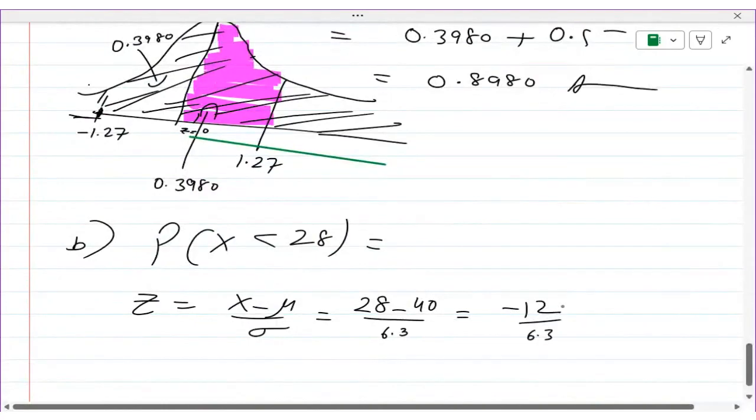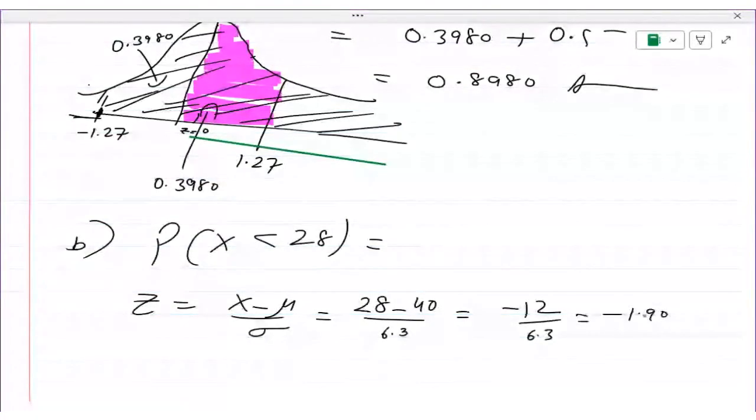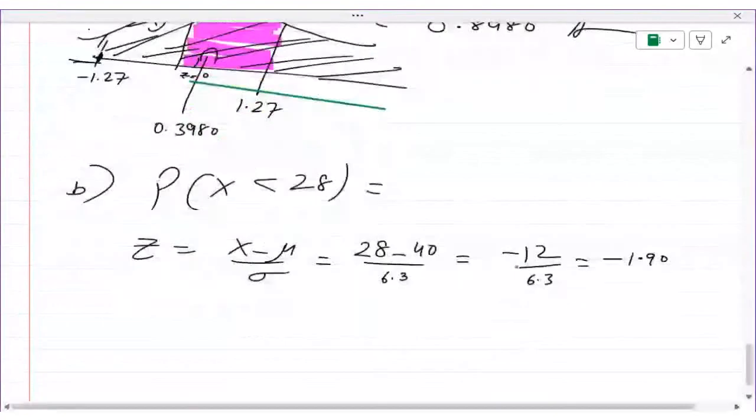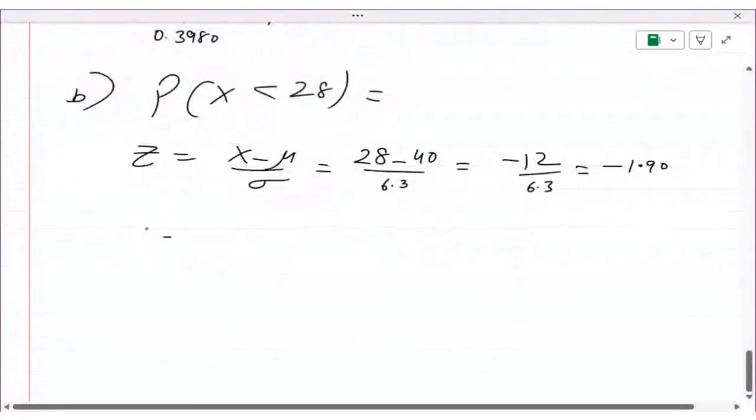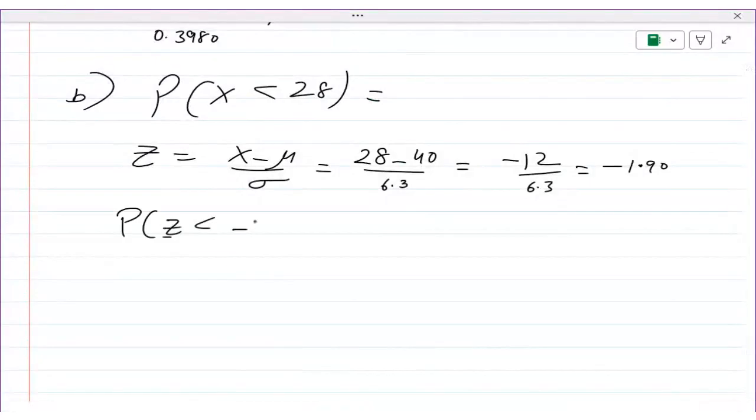Which is minus 1.90. And because we have to find less than, we have to find the probability of Z less than minus 1.90.